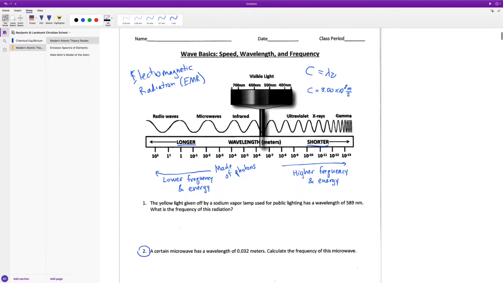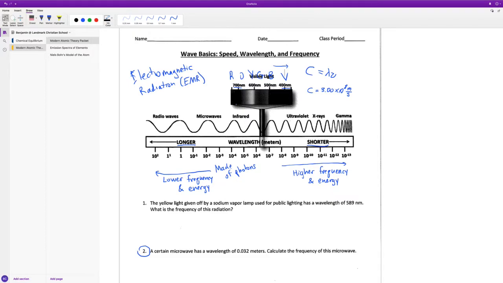So for instance, violet light is more energetic than red light. So this is the red light over here, and you have the full rainbow of colors, the whole Roy G. Biv type of thing here, and so violet light is more energetic than red light because it's further along this direction. It's got a shorter wavelength than red light.